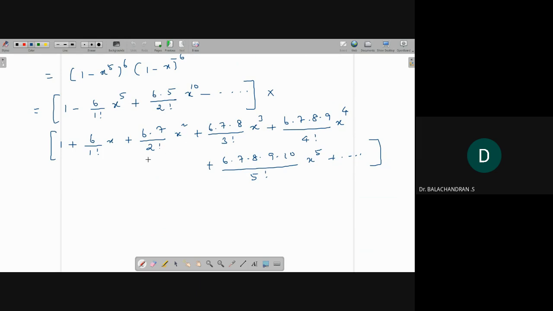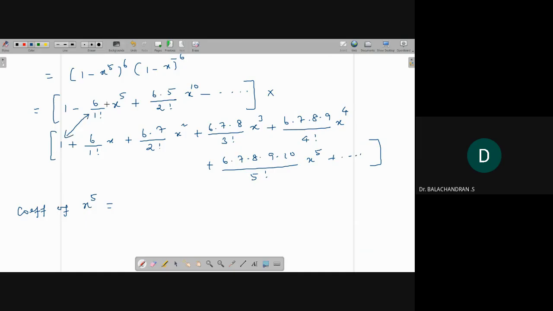Now I need a coefficient of x power 5. Coefficient of x power 5 is equal to coefficient of x power 5.